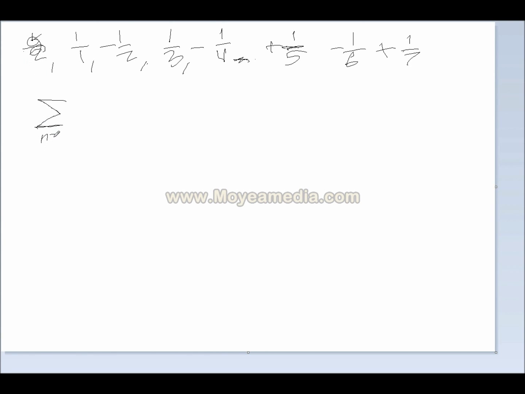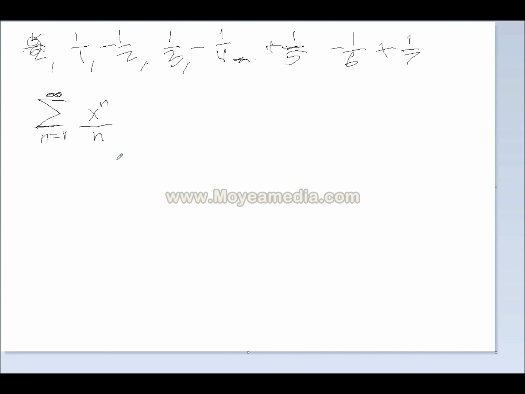So as n equals 1 to infinity, this is going to equal some number multiplied by x to the n. That number looks an awful lot like 1 over n, doesn't it? That looks pretty good.